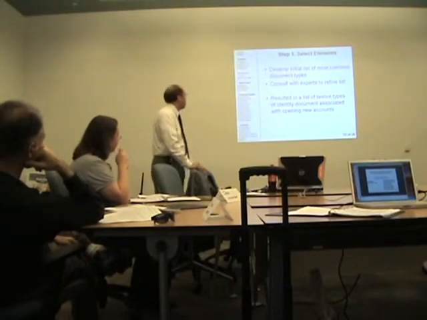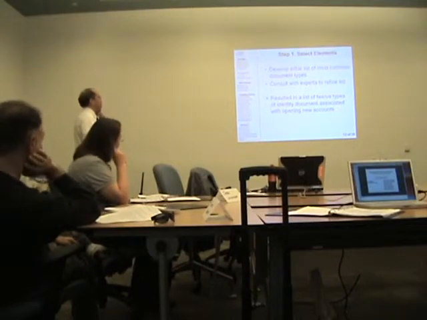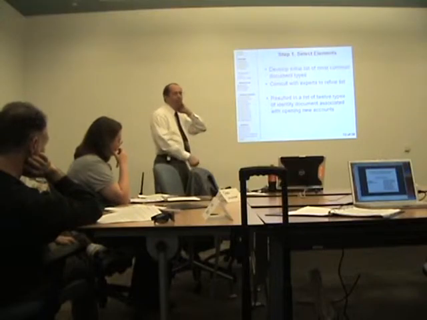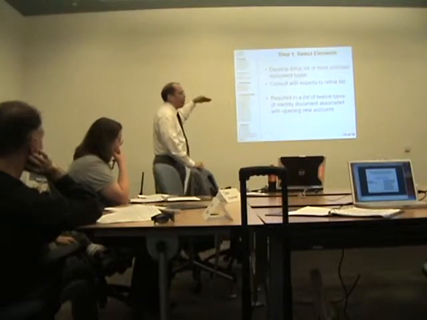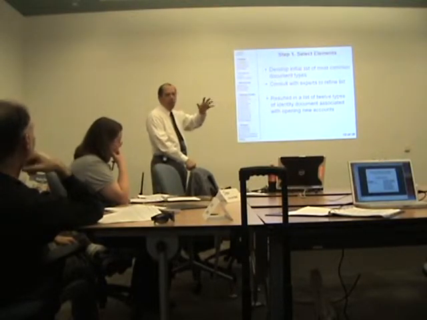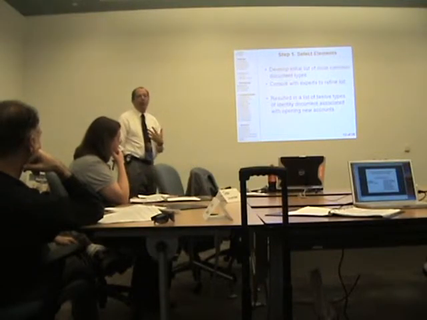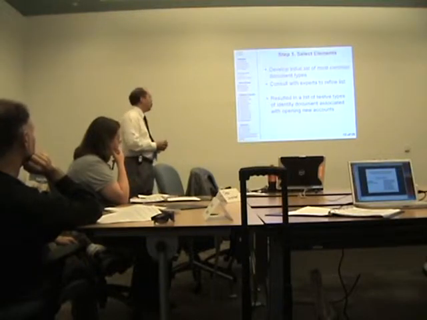Thank you. Sure. The first step here is to select the elements that represent the domain, and I had mentioned that I selected a list of actually 12 different types of identity documents. The way that was done was I went to these organizations and talked to 1 or 2 people in each of them to develop a list, from their experience, of the documents they most commonly see when they're opening new accounts.